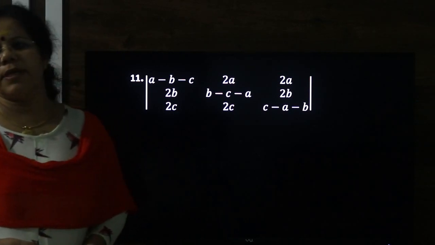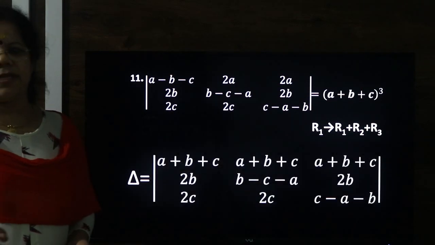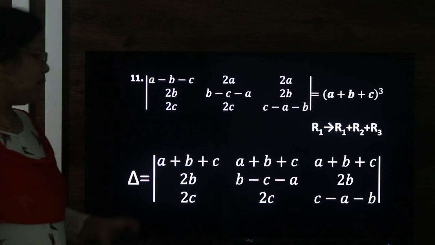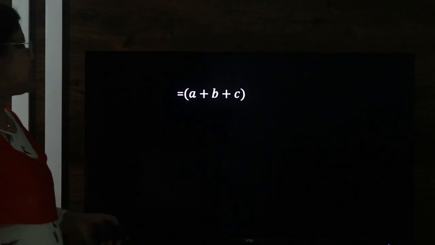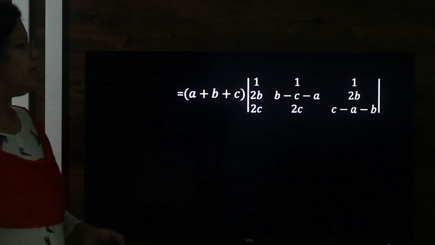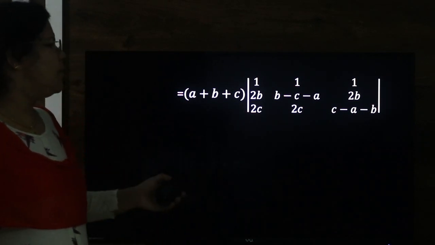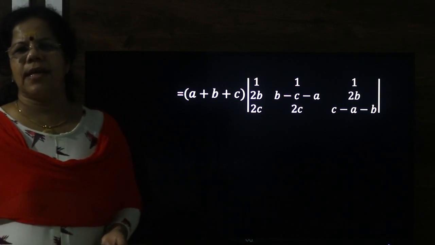So doing that operation, delta is equal to a plus b plus c in the first row totally, and R2 and R3 as it is. Now we will take this a plus b plus c outside. So what will happen? A plus b plus c outside taking, the resulting determinant will be 1, 1, 1, 2b, b minus c minus a, 2b as well. Now again, you can do any operation as you like.